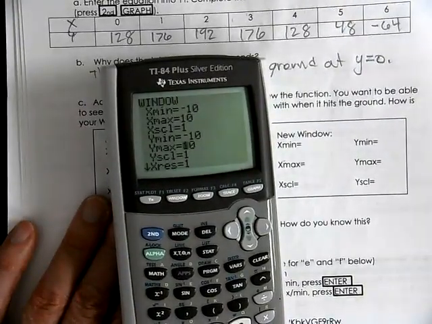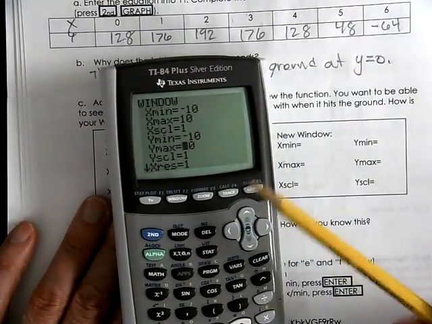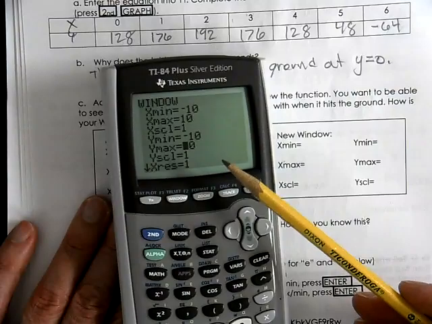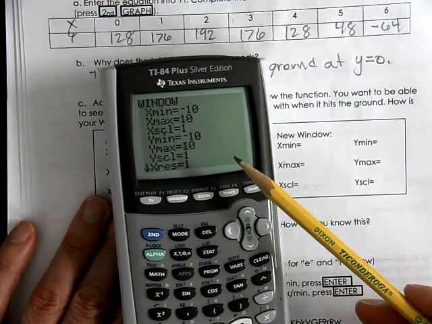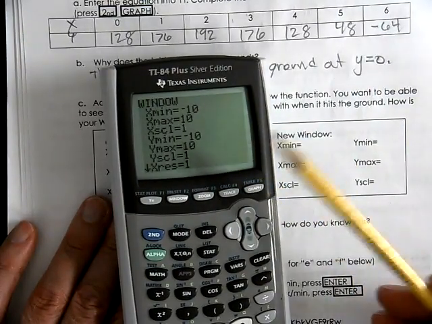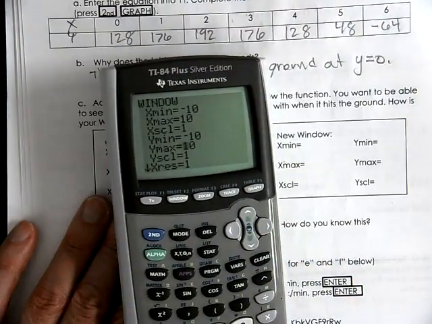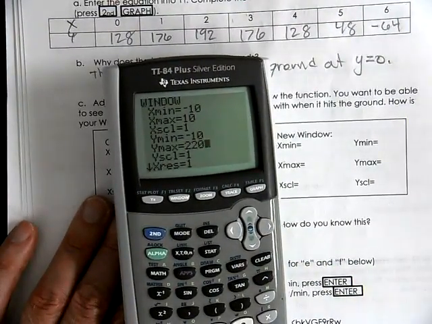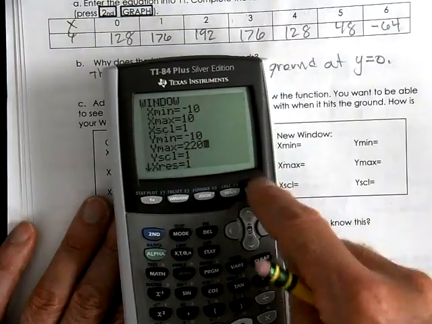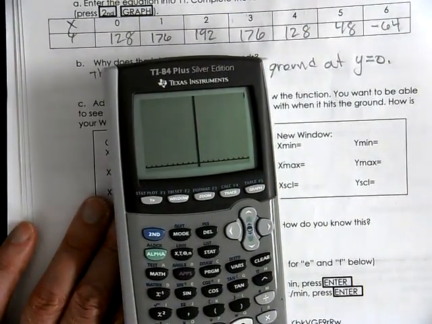I would suggest to plug in a number bigger than 192. So if anything else is written at the top of your screen, you can see through that. So let's say 220. You'll still see that your vertex is way at the top.